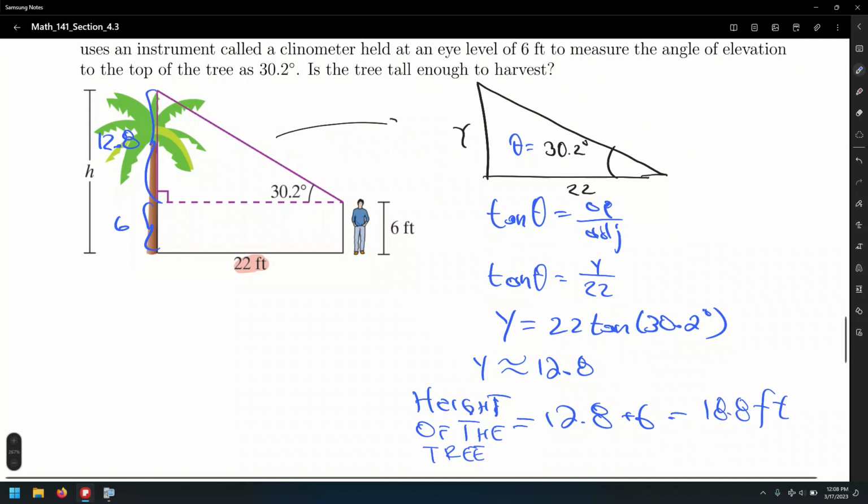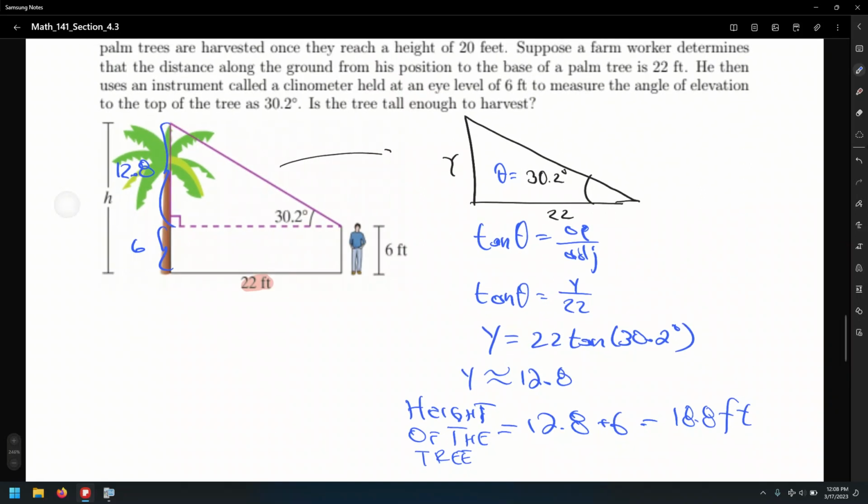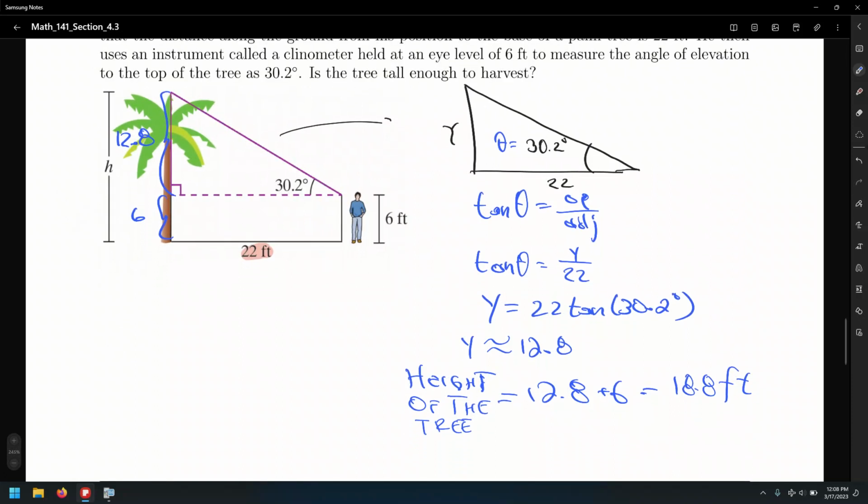The question is: is the tree tall enough to harvest? Again, they can be harvested if they are at least 20 feet, so this tree is not ready yet. Not ready to harvest.